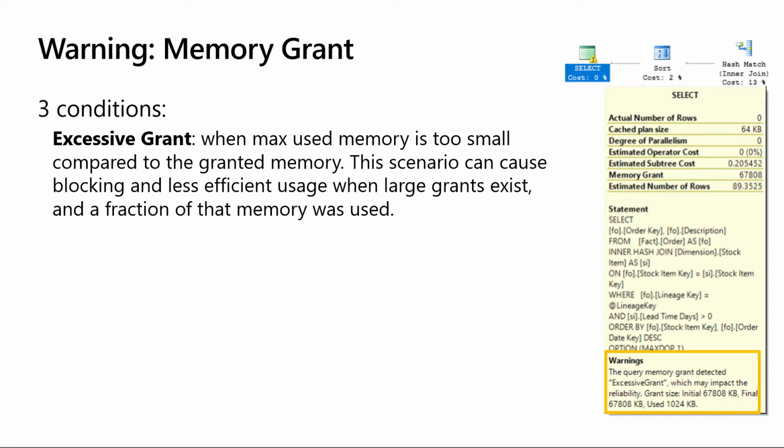For example, if there is an excessive grant, the scenario that we saw even in a more aggressive way a minute ago. Here I see that the memory grant was almost 70 megabytes, but the query used just around 1 megabyte. This is in itself an excessive grant. This means that the system is reserving a lot more memory than is really needed to execute this query.